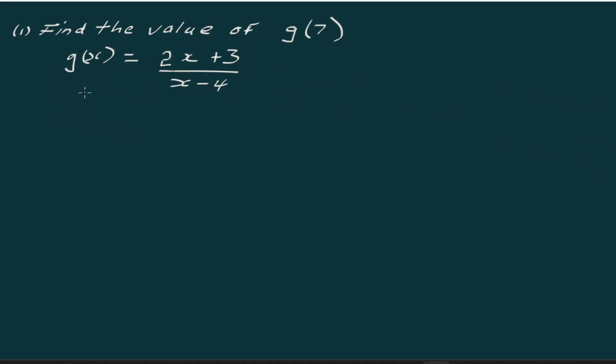So g(7) means that the input value, which is represented by x, is 7 in this case. So again, anywhere we see x in the function, we'll replace it with 7.